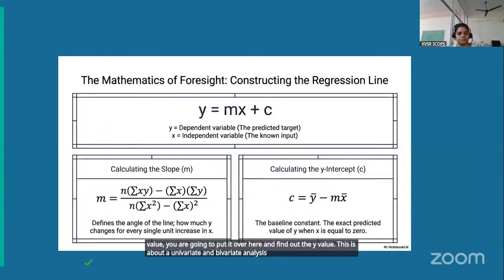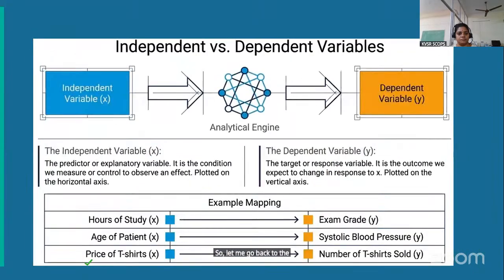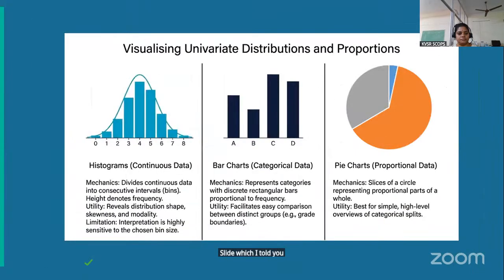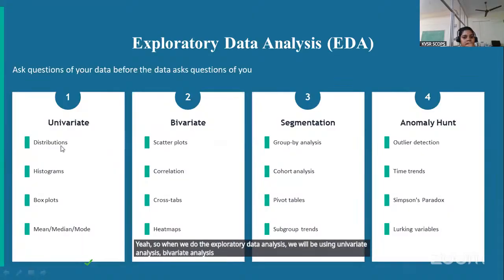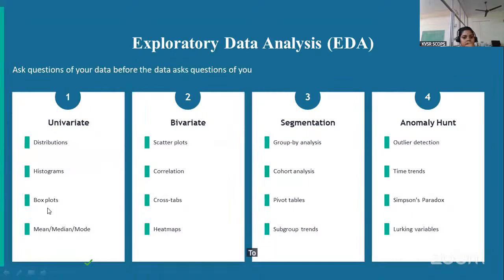So let me go back to the slide which I told you. Yeah. So when we do the exploratory data analysis, we will be using univariate analysis and bivariate analysis, and we use distributions, histograms, and box plots for the univariate analysis. We will be trying to calculate mean, median, mode.